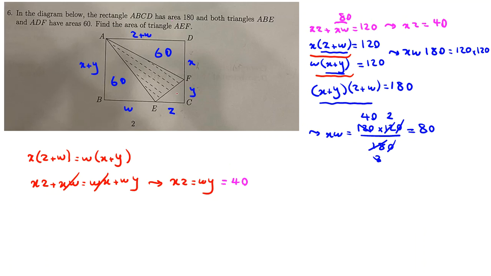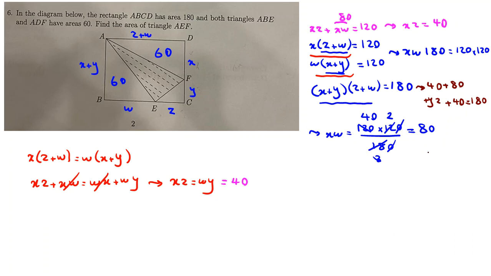Okay, we want yz to find the area and then subtract. If we expand this, xz will be 40 from here, xw will be 80, and yz is what we want to find. yw is 40, and the total equals 180. 40 plus 80 is 120, plus 40 is 160.